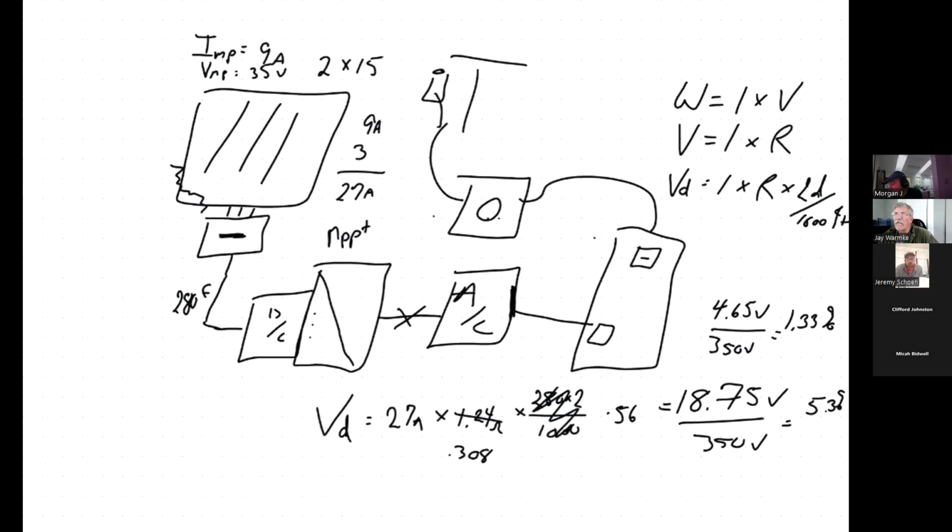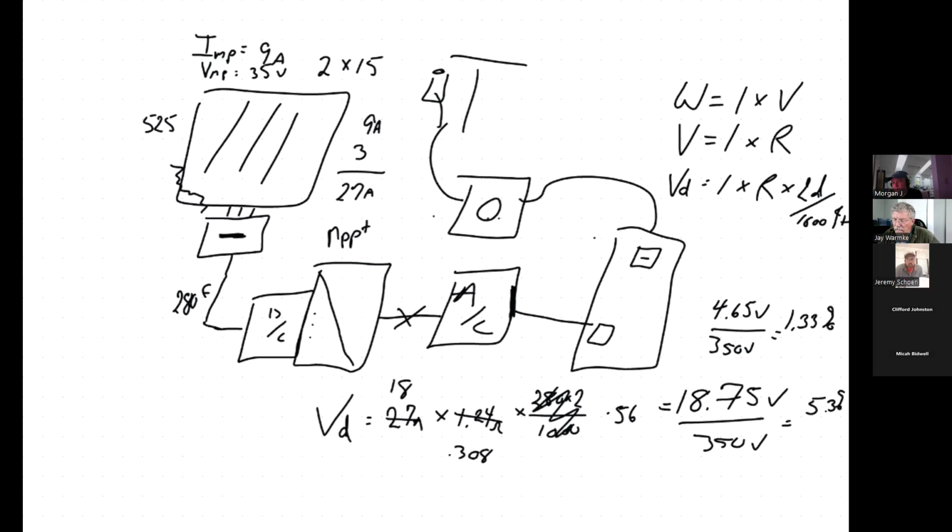It's 525. We're going to have to do some temperature adjustments, but let's just assume we can do it. So now we've got 2 strings, and our amperage is, instead of 27, now only 18. And our voltage is 525.